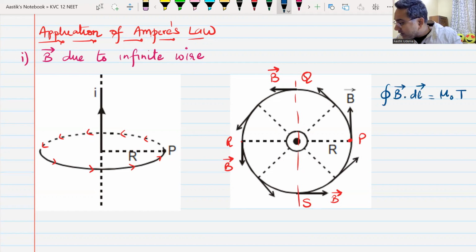The only current in this is I. B times the integral of dl, which is nothing but the circumference of the circle, 2 pi r. So we get the answer as B equals mu naught I by 2 pi r.